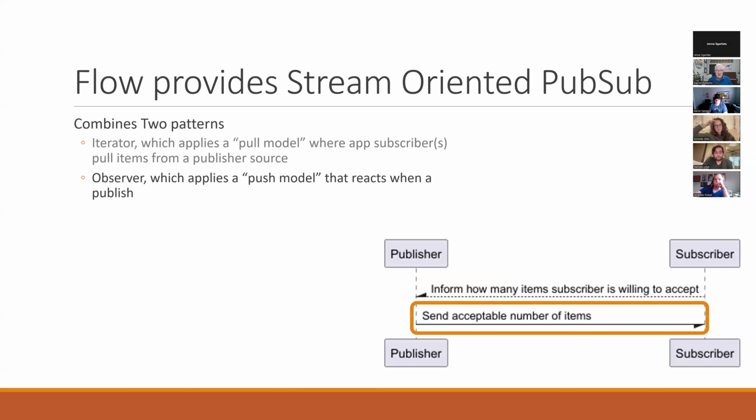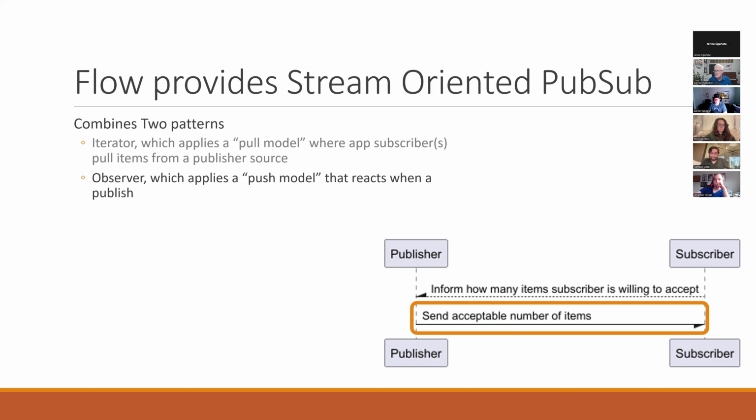Both of these here combine two patterns. One is the pull model pattern, where I'm saying I'm going to pull information from you. And the other one is the observer pattern, where I'm going to push information out to the subscriber. So Flow kind of combines the two together into something that I'm more used to using in traditional programming, where I'm calling a method and I expect a return.